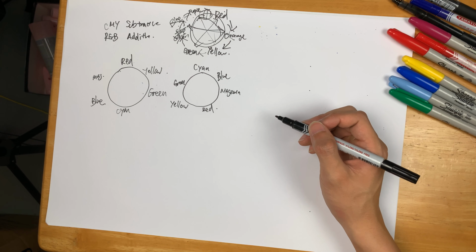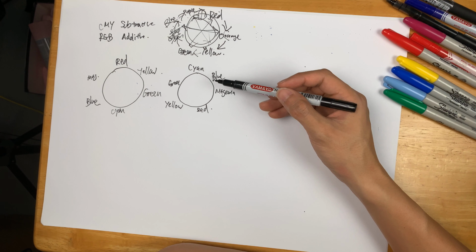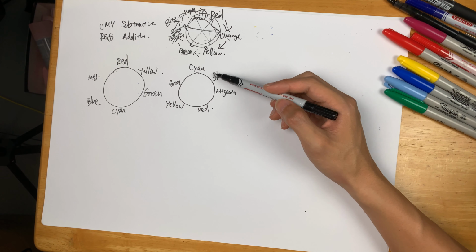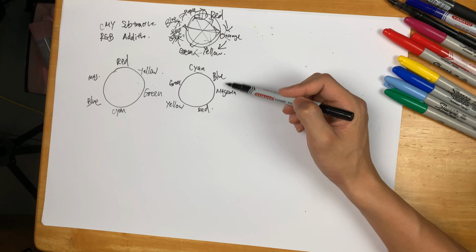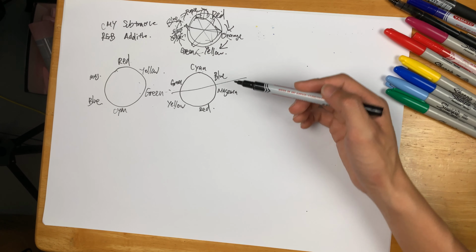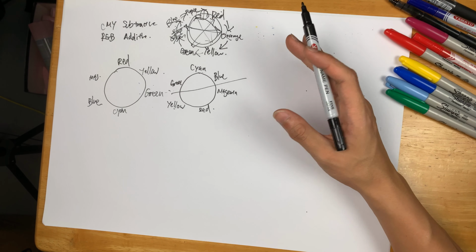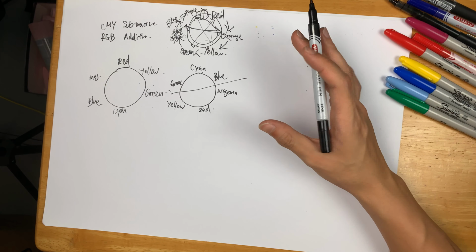So how I remember is: green, cyan, blue is a cool color. Yellow, red, magenta is kind of warm. But I know that yellow and magenta especially have a coolish tone to them.